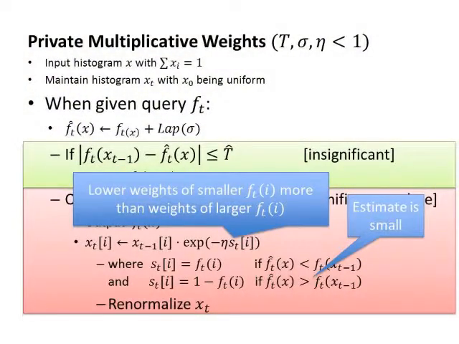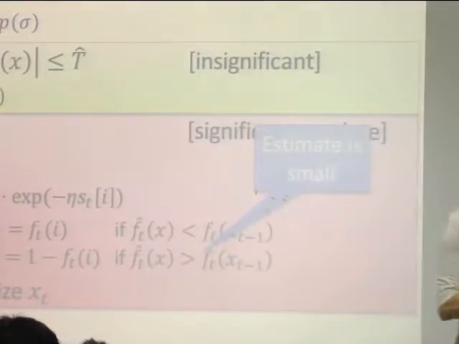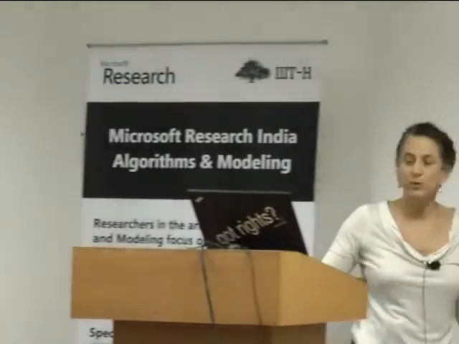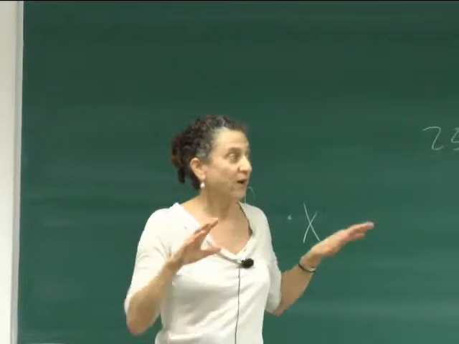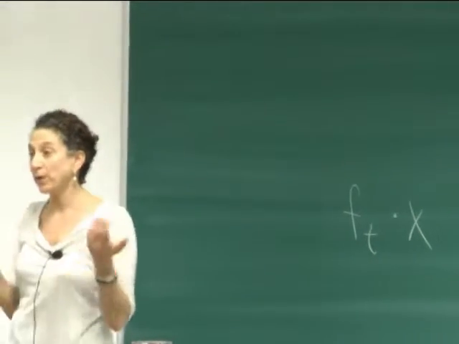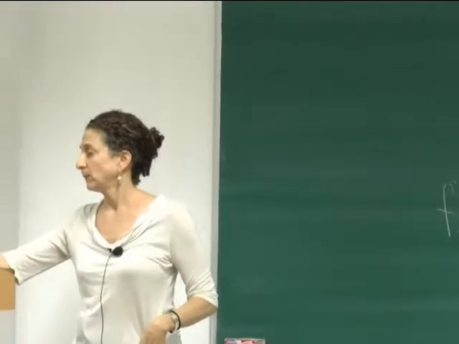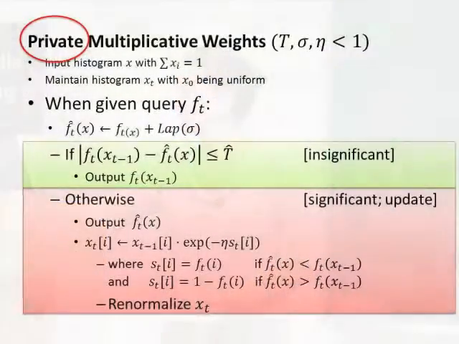Now, if on the other hand the estimate is small, then we flip it around, and we lower the weights on the smaller ft of i's more than the weights of the larger ones. So the updates are going in the right direction. And then we renormalize. Okay, so that's the algorithm.